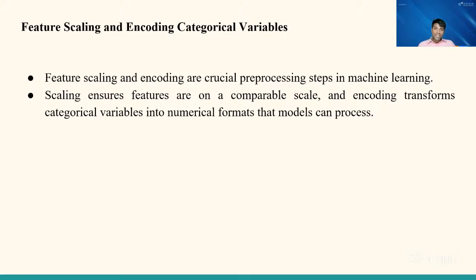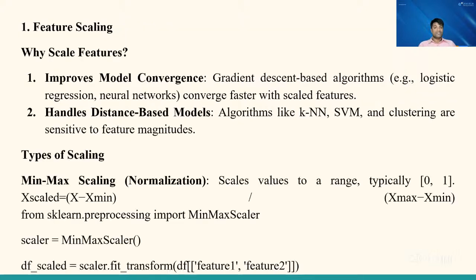Feature scaling is done on columns or features with numerical values, because we are applying a mathematical or statistical formula to scale the variables. Now let us understand why feature scaling is actually done. It is basically done for algorithms where the convergence is very slow. Let us not go deeper into what convergence is.